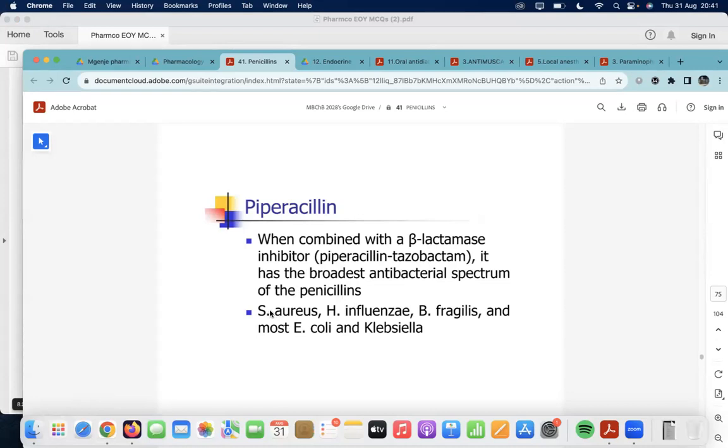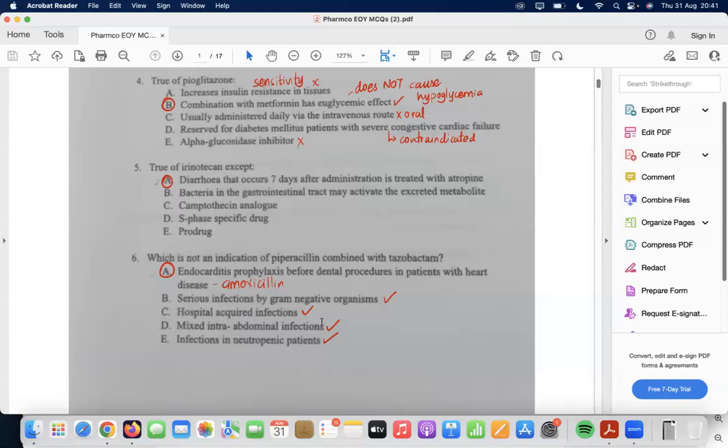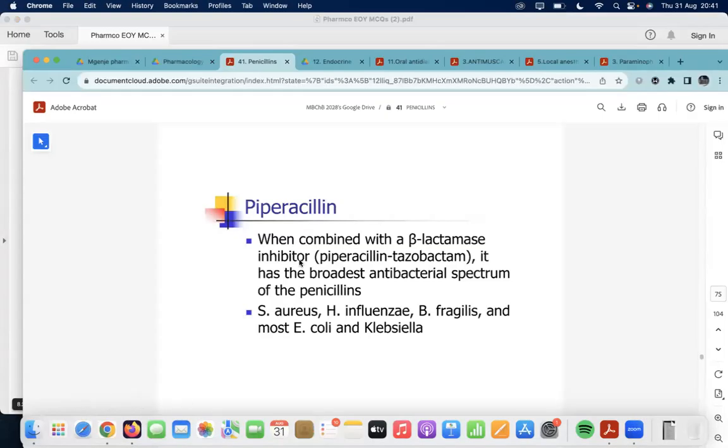So it can treat Staph aureus, H. influenzae, B. fragilis, and most E. coli and Klebsiella. Okay. Endocarditis, okay. It can treat most infections. The notes are saying it has the broadest antibacterial spectrum of the penicillins.